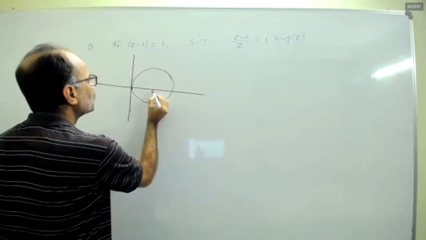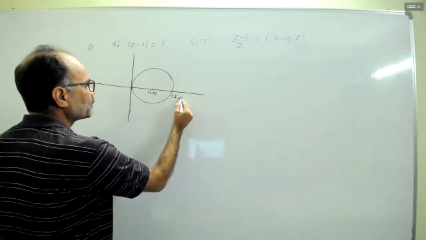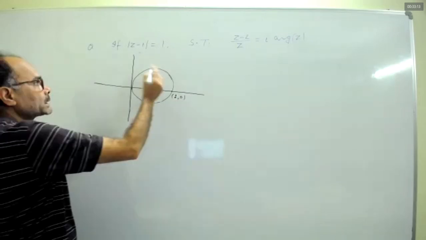This is 1, 0. Radius is 1. This is 2, 0. Here z is on the circle. Pick z anywhere; it lies on the circle.